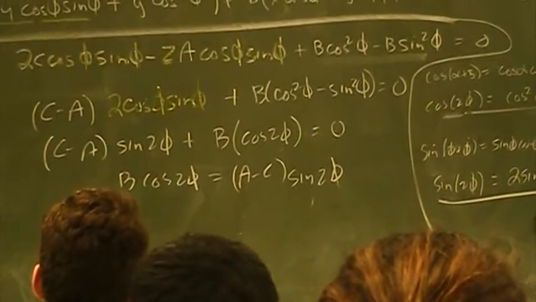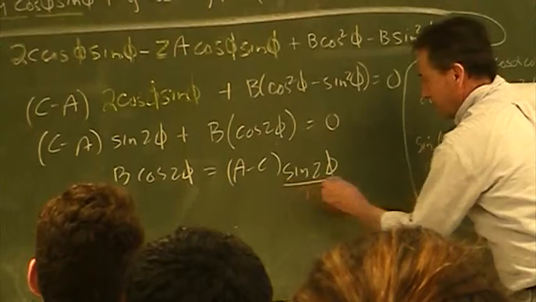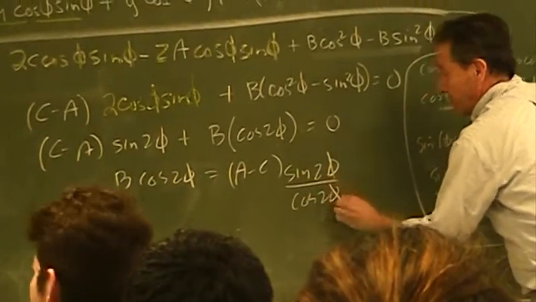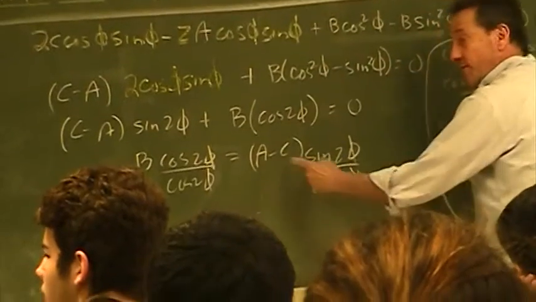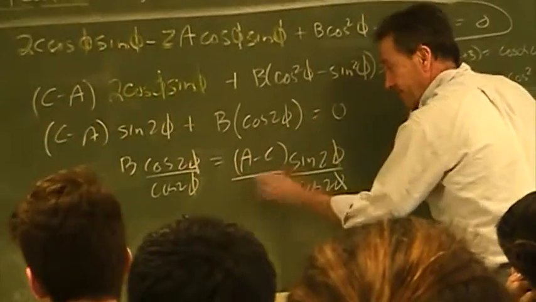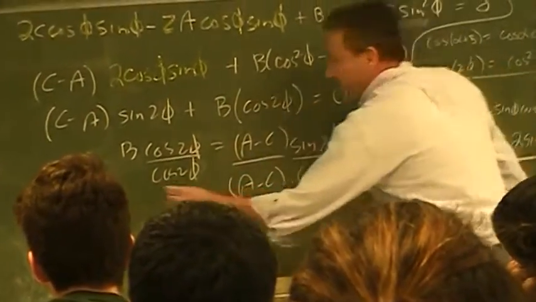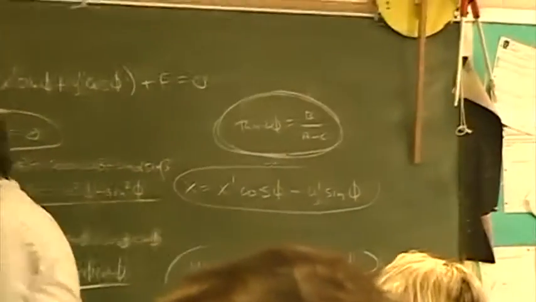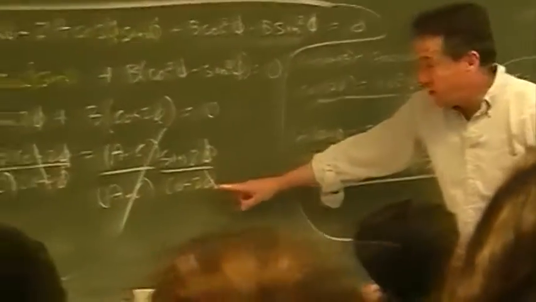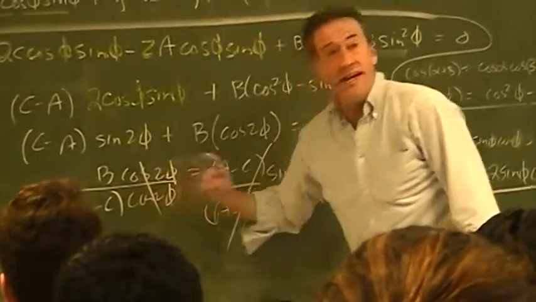Divide both sides by cosine. Divide both sides by this. What do you have? Tangent 2 phi equals B over A minus C.